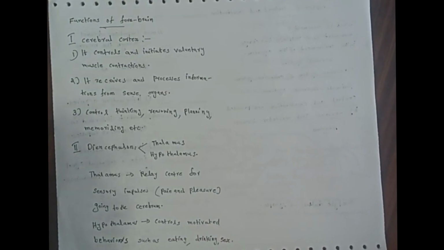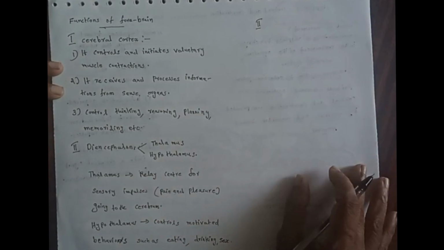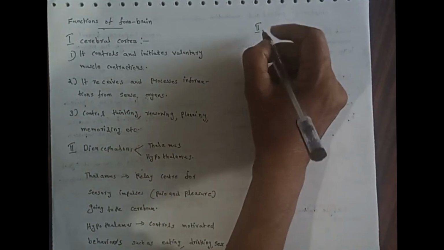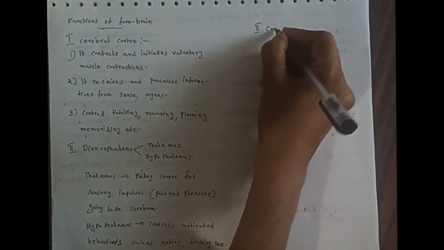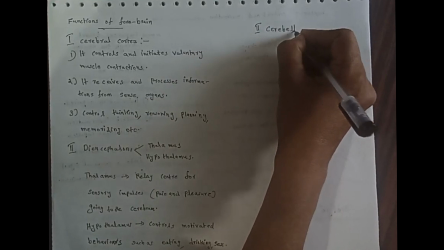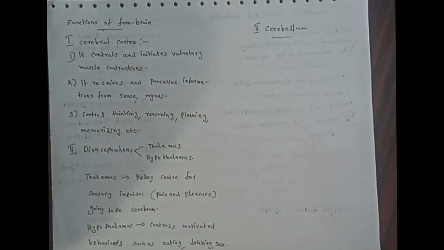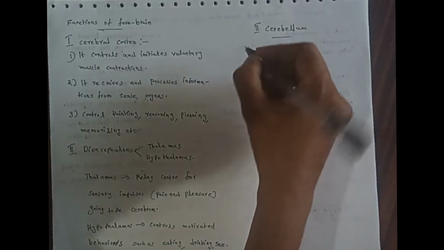Next part of the brain, that is cerebellum. The functions include balancing the body and coordinating muscular activities.